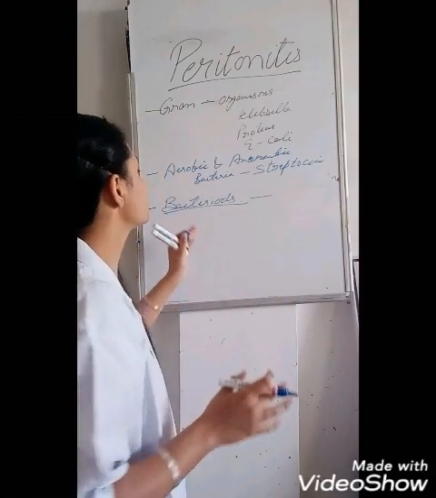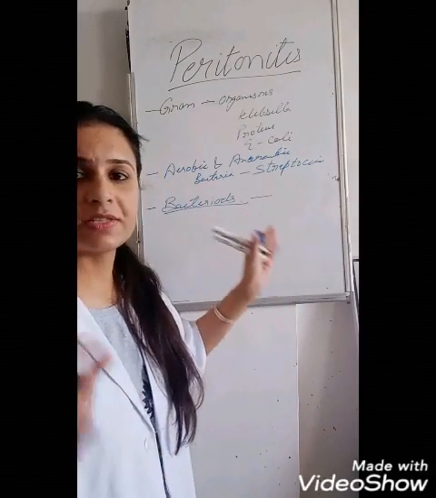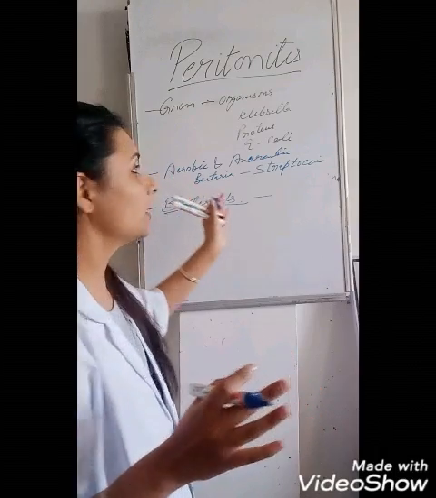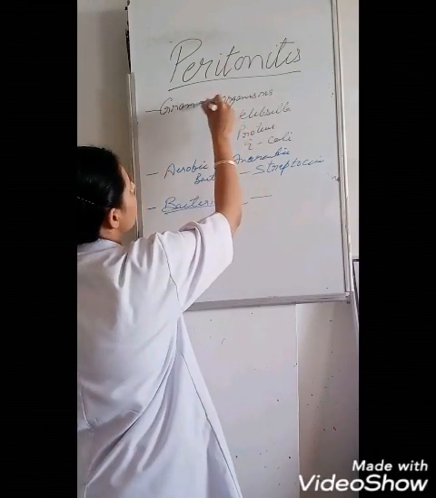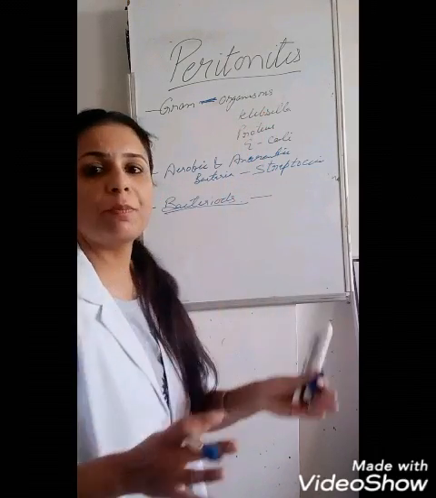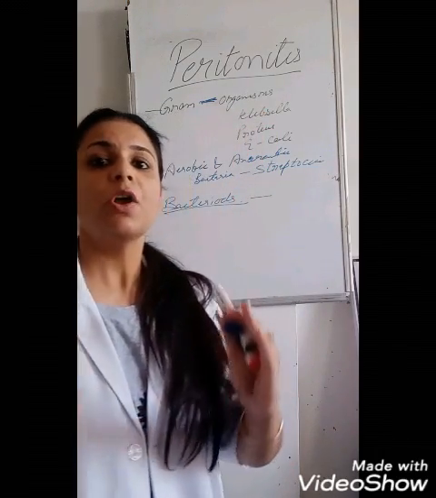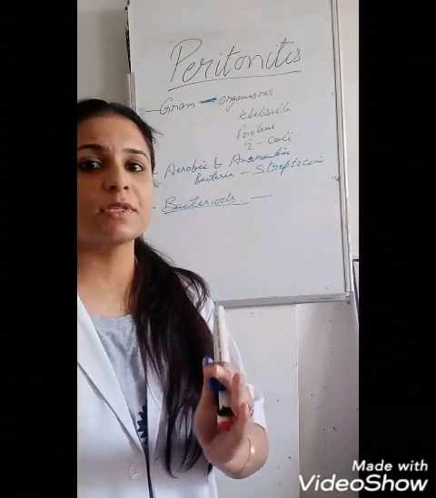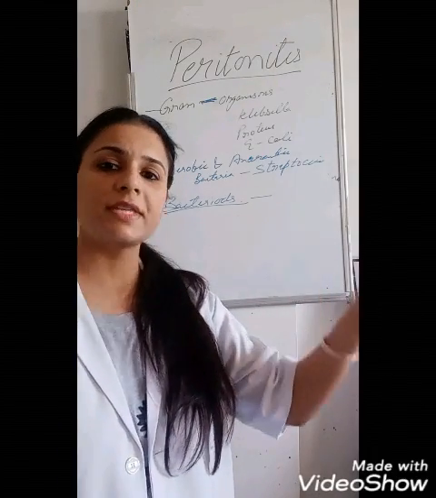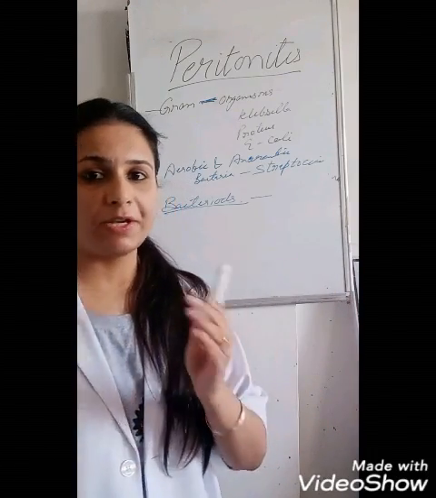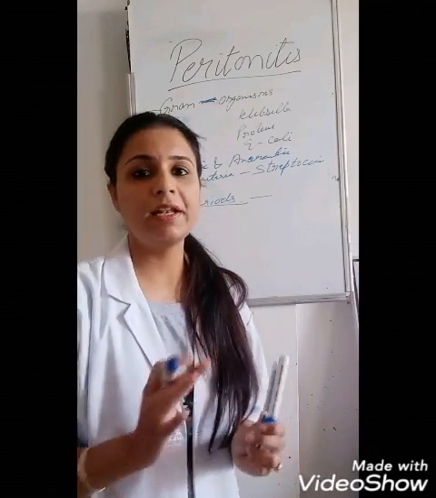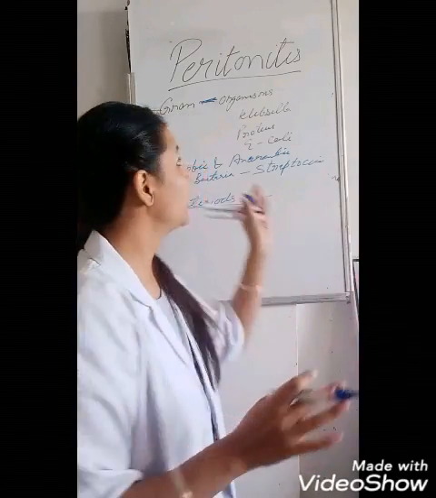Now what happens? These bacteroides staying in the lower intestine, the gram-negative organisms like Klebsiella, Proteus, and E. coli, and aerobic and anaerobic streptococci, or organisms from outside of the abdominal wall or outside of the peritoneum, can lead to peritonitis.